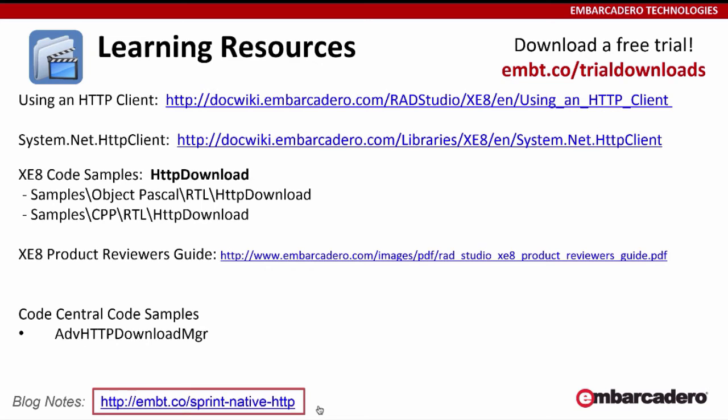So you provide an event handler for this OnValidateServerCertificate so that you can check the server certificate and determine whether or not you accept it. If you accept the server certificate, then you change the value of the Accept parameter to be true. So hopefully that answers the question there.